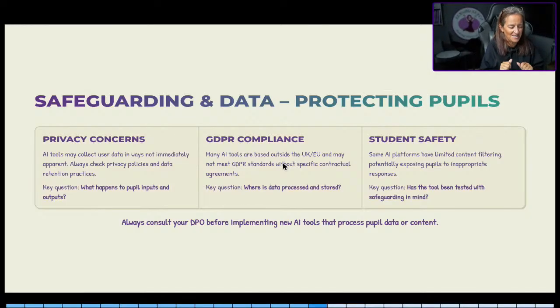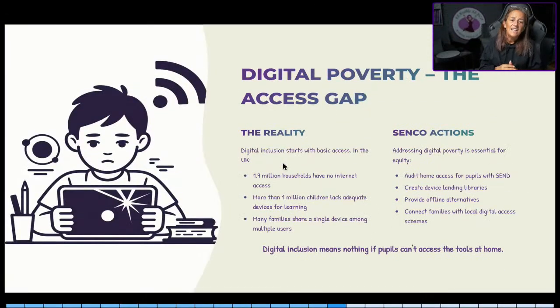Is how I'm going to phrase that one. I'm actually thinking of a particular American case in my head at the moment, which is not appropriate for me to discuss on here. So that came out completely wrong. What I'm saying though is consult your DPO to make sure that things are going to be safe for use with your students. Digital poverty then, we do have a bit of an access gap here.